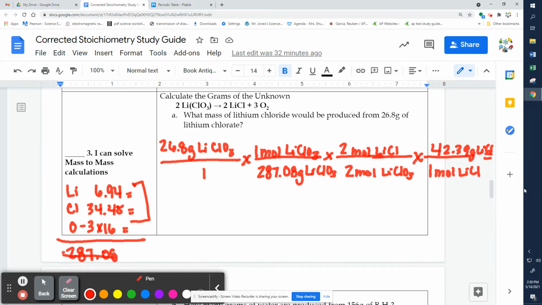Guys, I got the molar mass wrong. Now I put all that in my calculator.